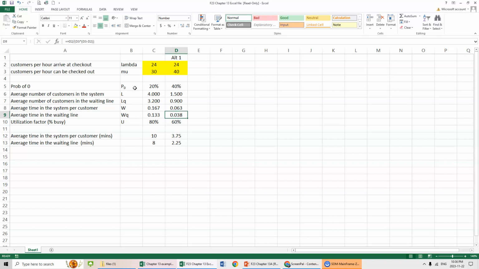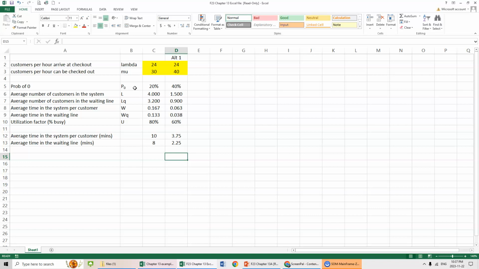In line it's 0.038. Translating that to minutes, we have 3.75 minutes a customer is in the system, and 2.25 minutes a customer is spending in the waiting line. And our utilization factor is now 60%.